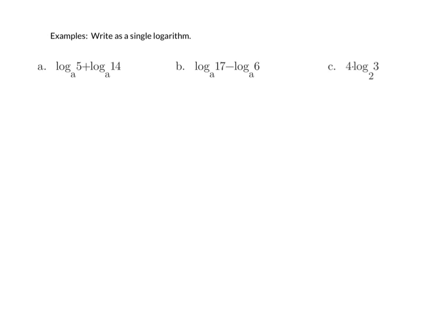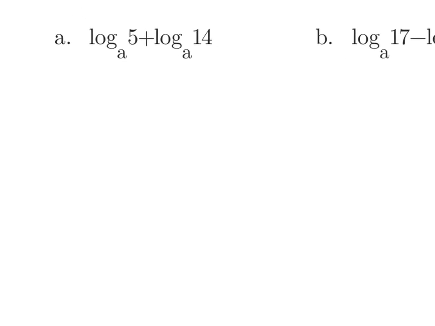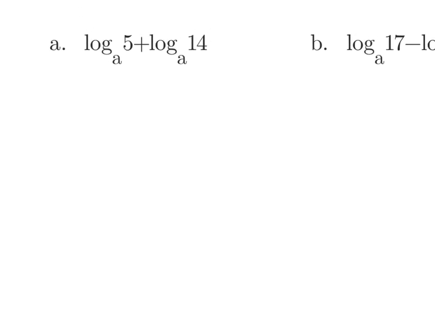So let's go ahead and practice converting back and forth between sum, difference, and product, and single logarithms. So in this first example, we're going to want to write as a single logarithm. So for example A, we have log base A of 5 plus log base A of 14. So remember that plus and multiplication are going to be our conversions.